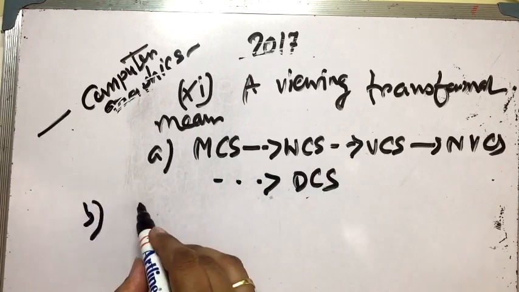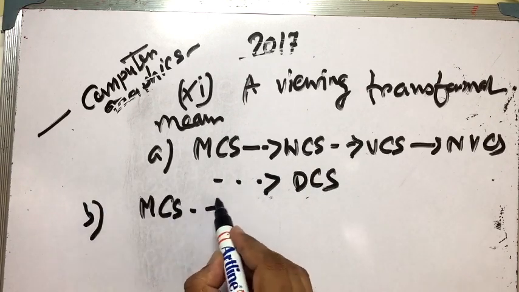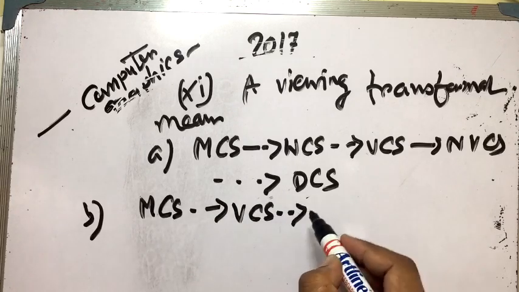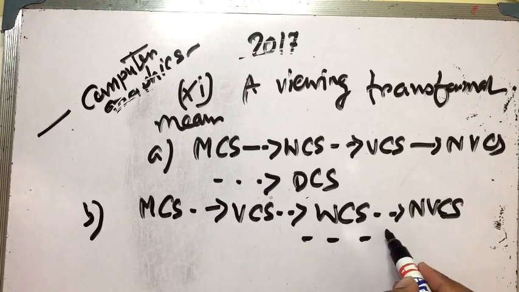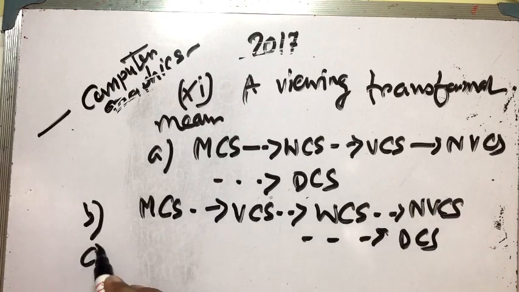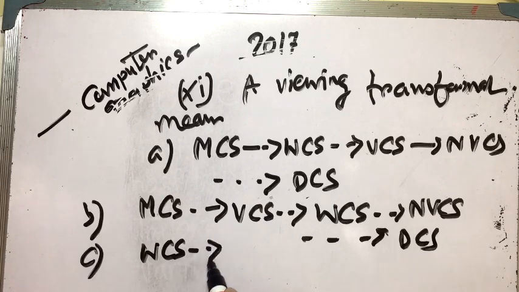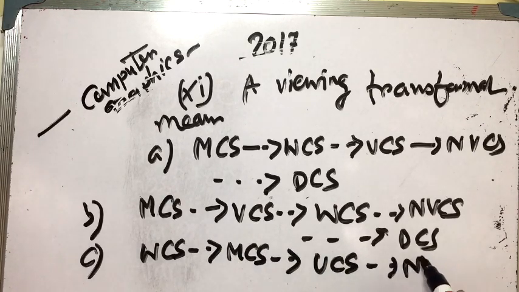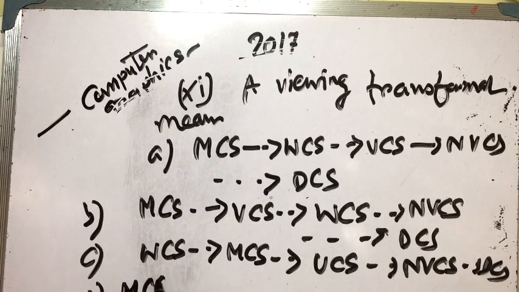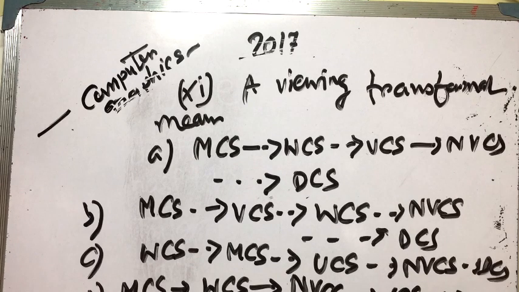Option B MCS, then VCS, then WCS, then NVCS, then DCS. Option C WCS, MCS, VCS, NVCS, DCS. Option D MCS, WCS, NVCS, VCS, DCS.